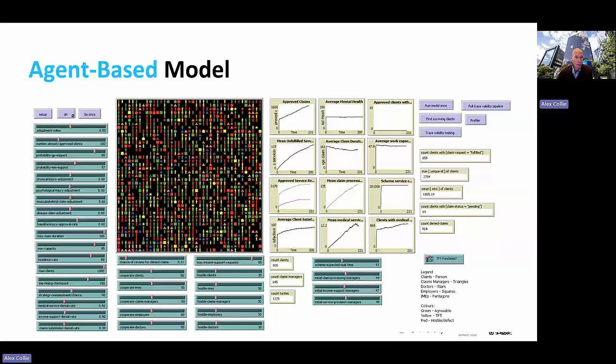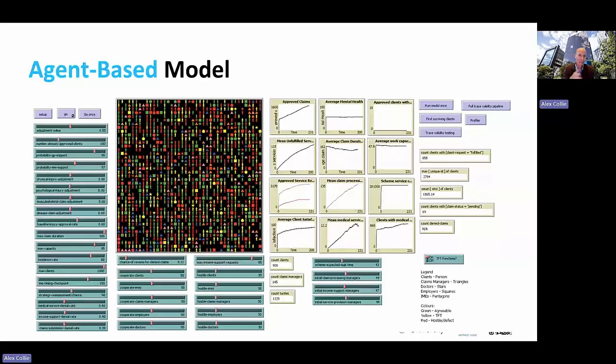On the left and under that, we've got all these variables, which are the settings that we can apply to these agents in our system, and the system itself. So if you look at the third one down, it says the probability of GP support. That's the likelihood that if you go and see a GP, they will support your claim. They will say your injury is work-related and I'm going to help you make a workers' compensation claim.